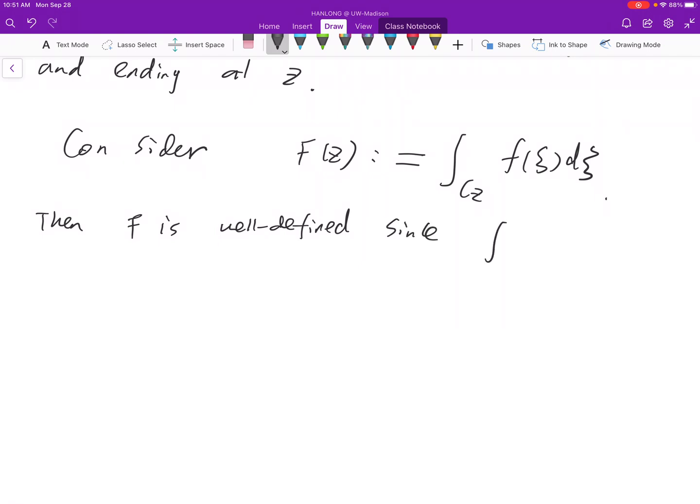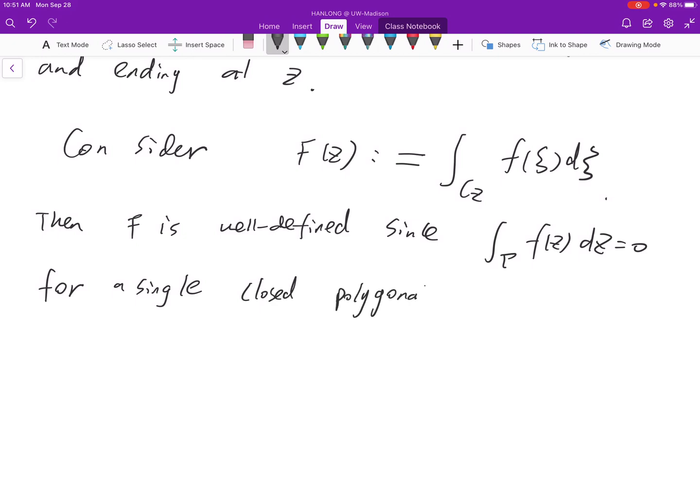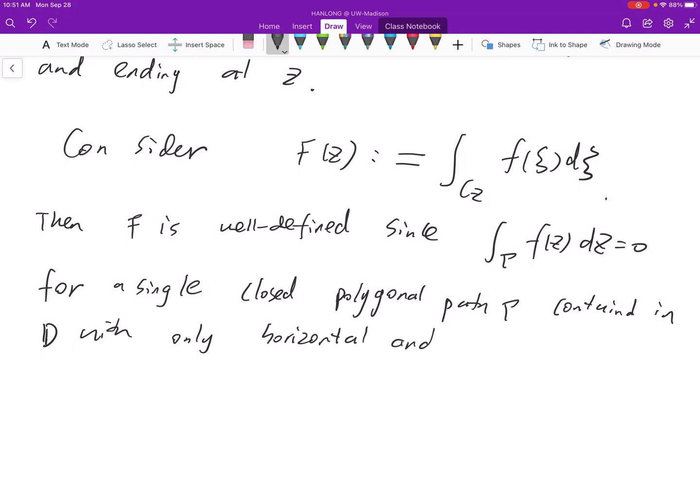since the integration along any closed loop is 0 for a simple closed polygonal path gamma contained in D with only horizontal and vertical sides.